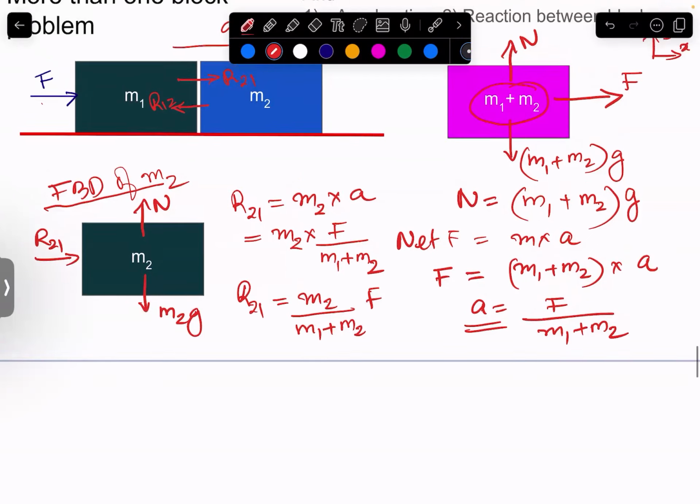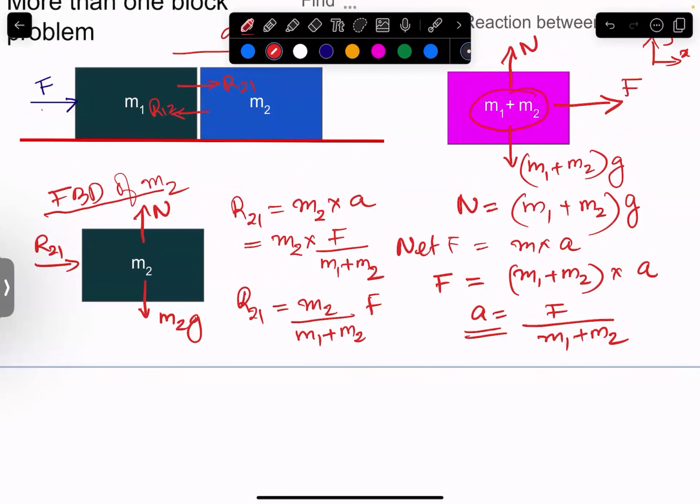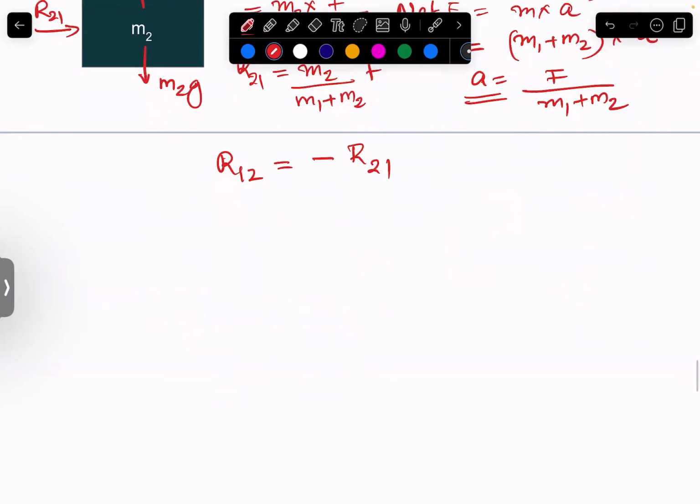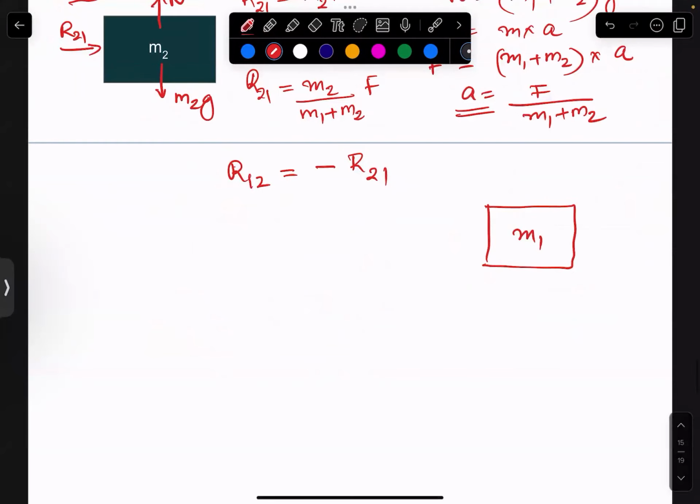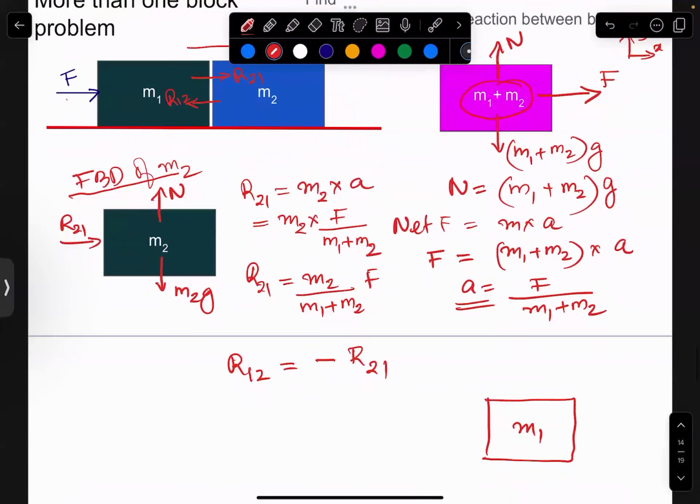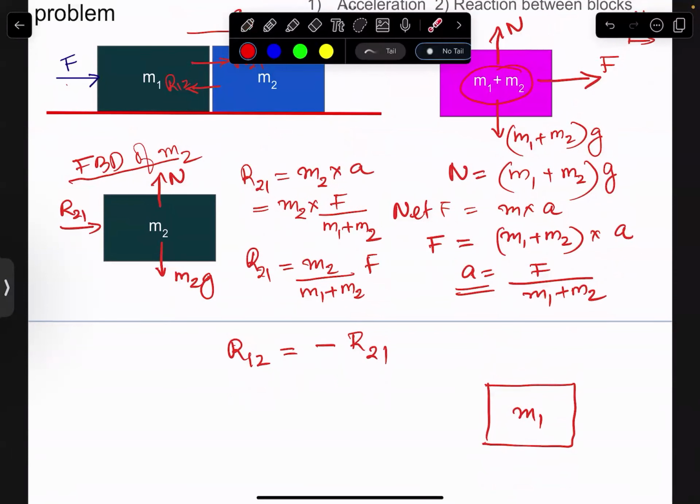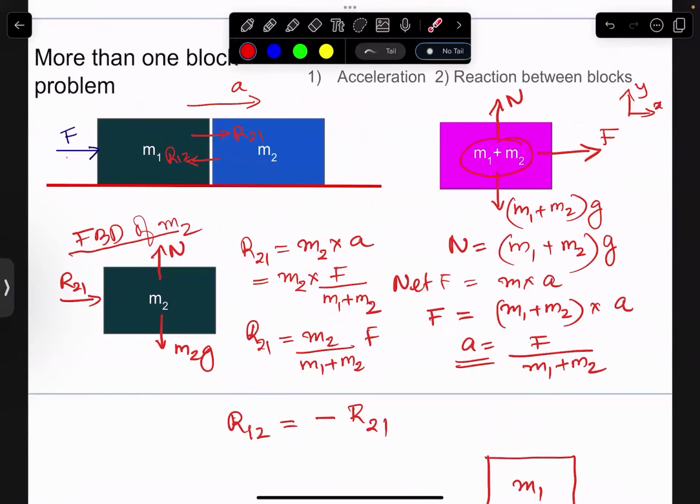Similarly, to check if this is right, if R21 is this, then R12 should be equal and opposite to R21, right? So let's draw the free body diagram of M1. The external forces acting on M1 are F, R12, and the weight.